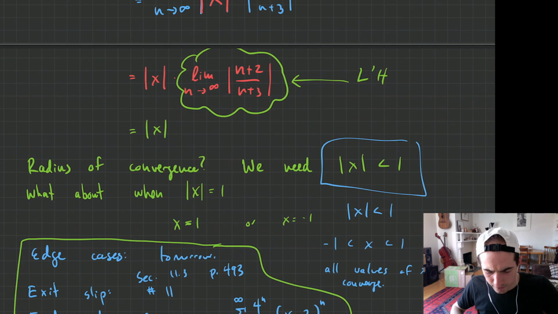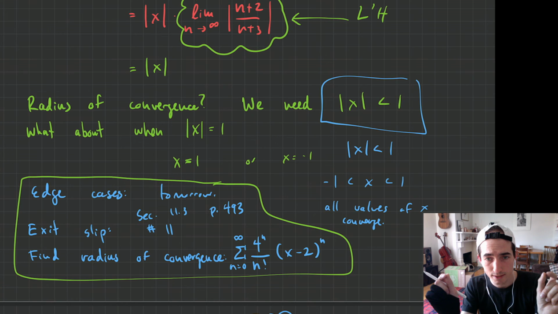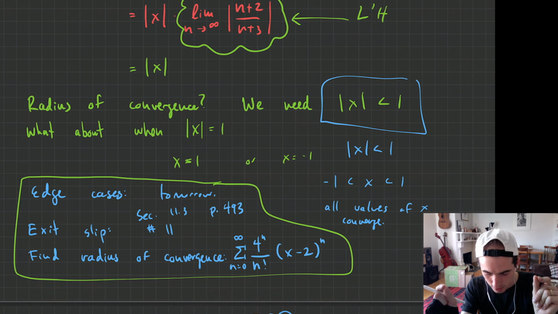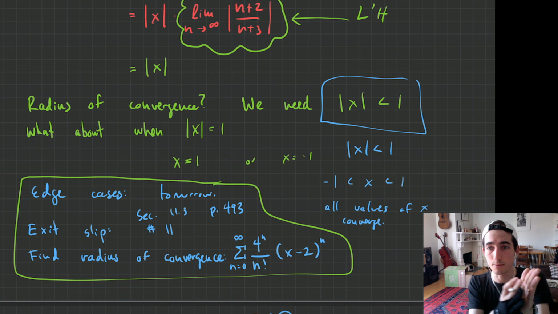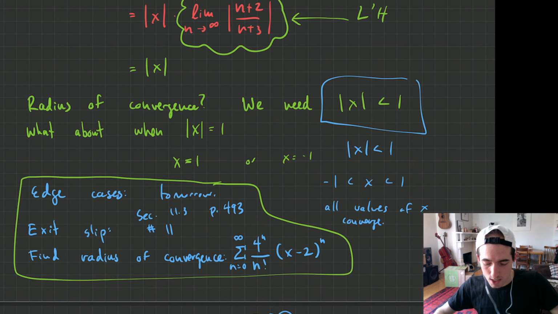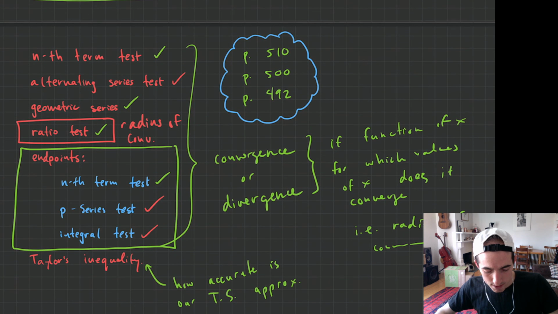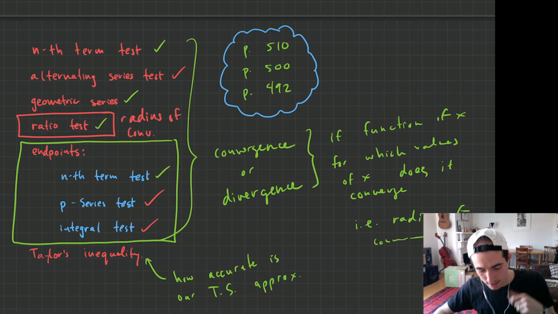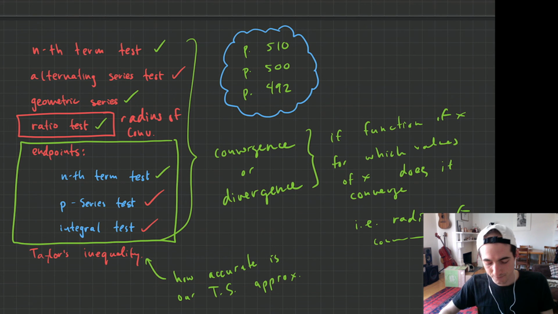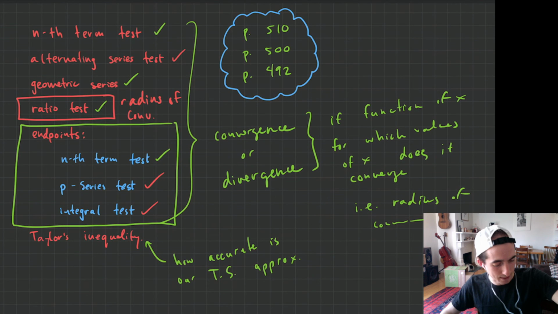But the radius of convergence doesn't tell you about the endpoints, right? It doesn't tell you if the endpoints lead to convergence or not. It just tells you what's going on in the middle. But for the endpoints we can use either the nth term test, the p-series test, or the integral test to test for convergence at those endpoints. So yeah, I hope that answers your question.